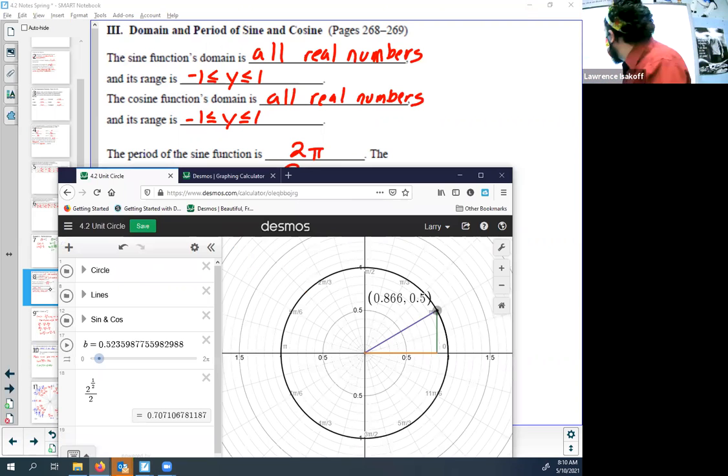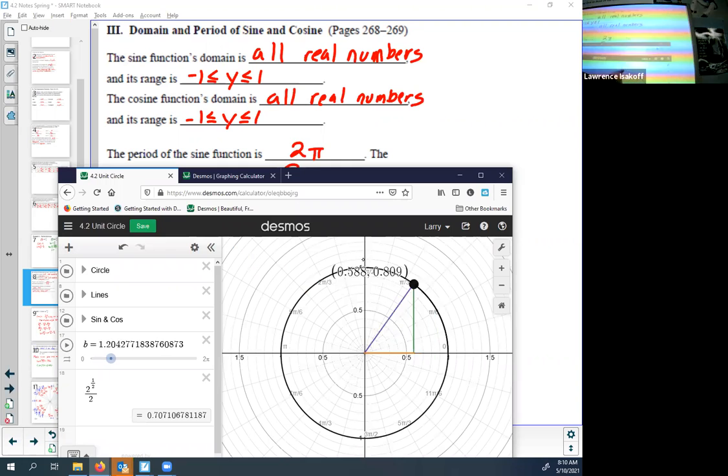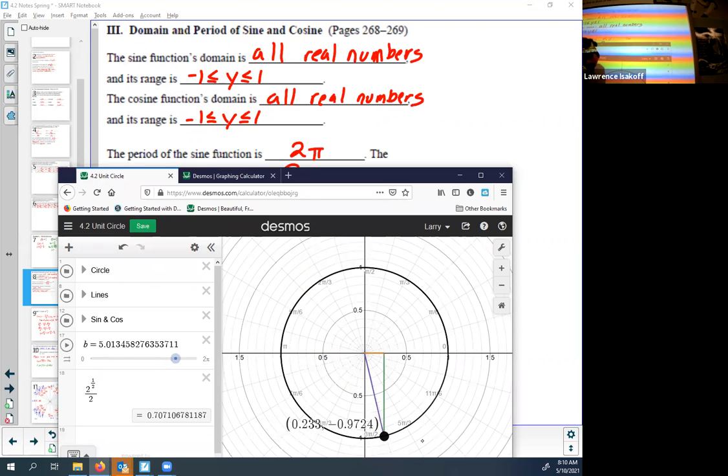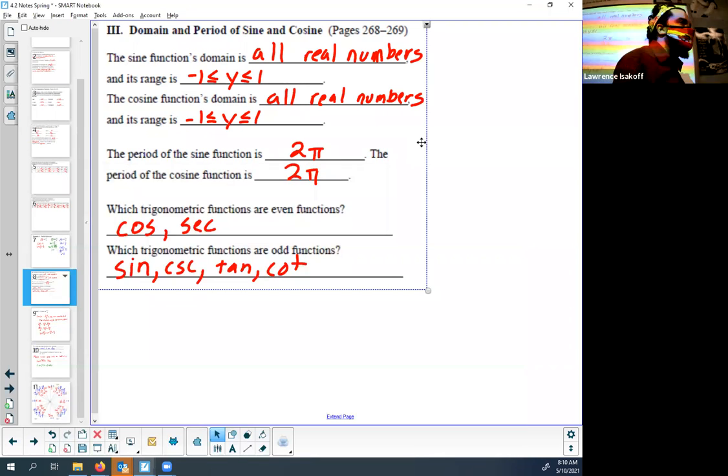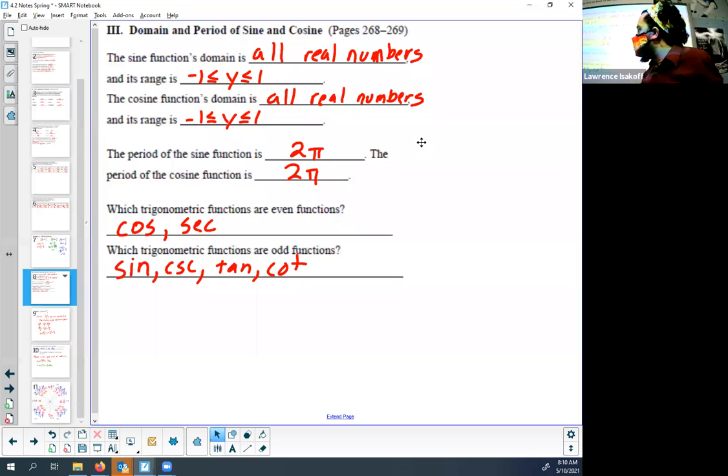If you notice, as I drag this around, these XY points never go below -1 or above +1. They're all trapped between -1 and +1. That's why the range is like that.